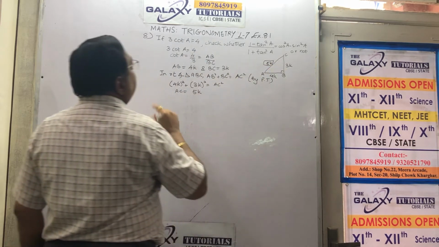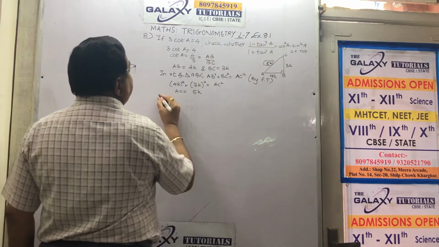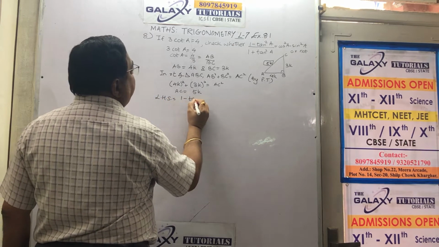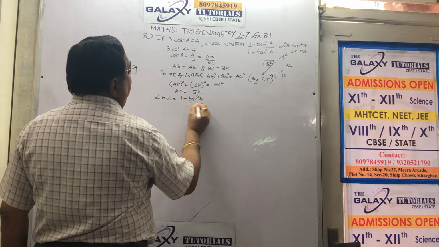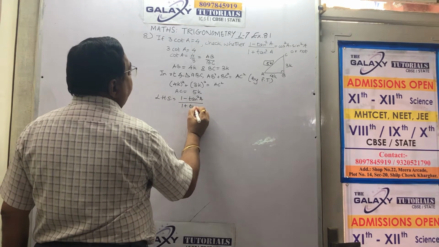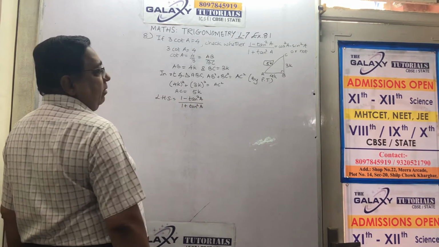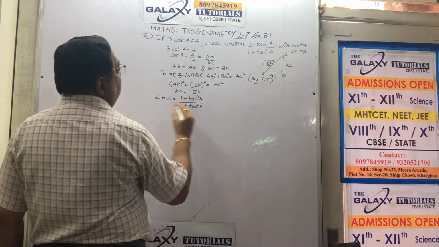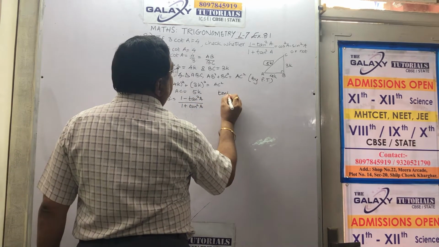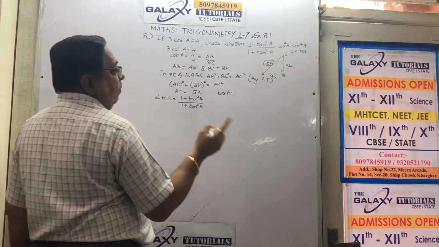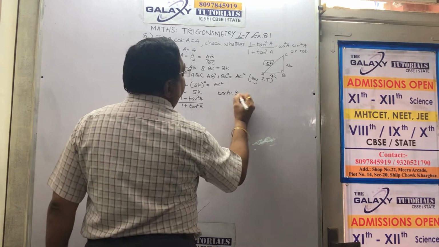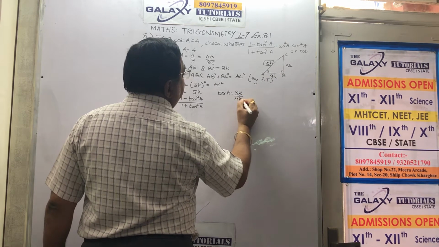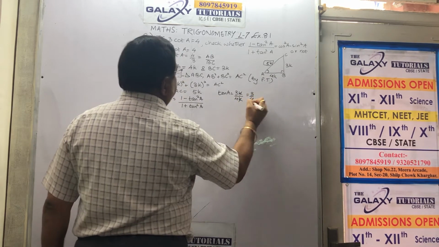Now look here, left hand side is equal to (1 minus tan square A) upon (1 plus tan square A). This is my left hand side. I have to find tan, then I can do this equation. Now tan A is opposite side upon adjacent side, 3 upon 4.